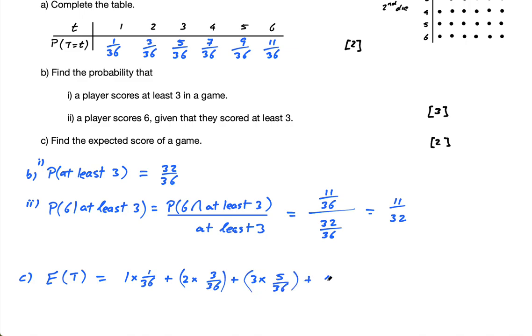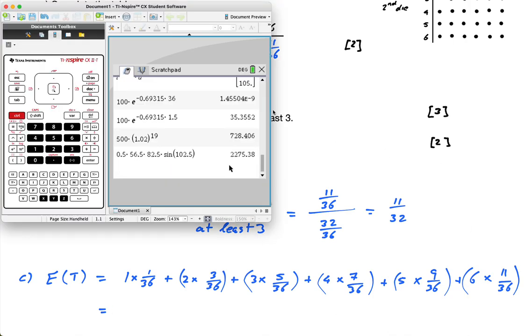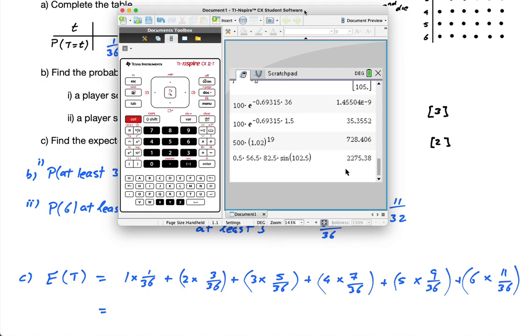plus 4 times 7 over 36 plus 5 times 9 over 36 plus 6 times 11 over 36. And this is equal to, you can use your calculator here, guys, because this is going to get too tricky for me.